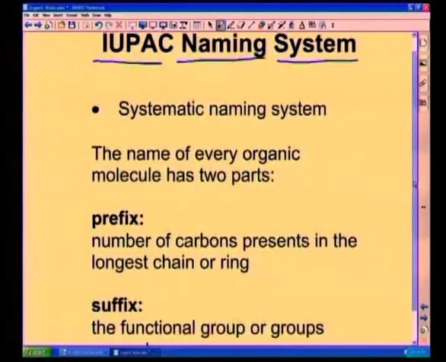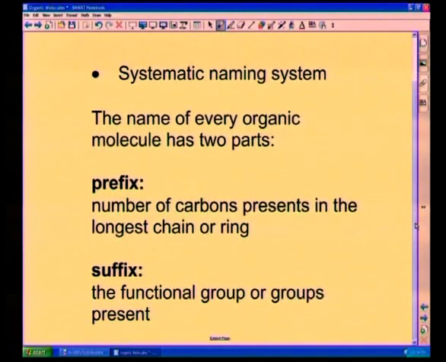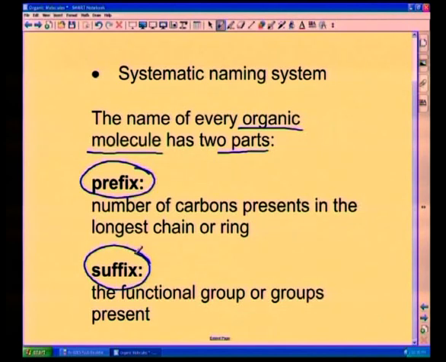How is it used? The basic thing about it is, although there are other things to bring in here, we will bring those in as we proceed. Basically, in the systematic naming of these substances, for all organic molecules we have two parts: the prefix and the suffix.